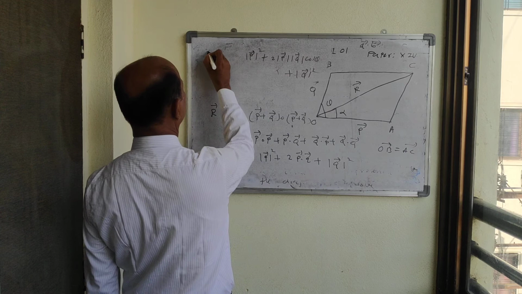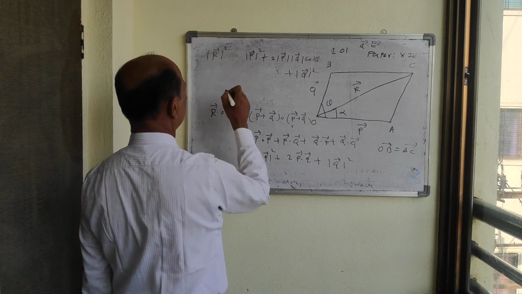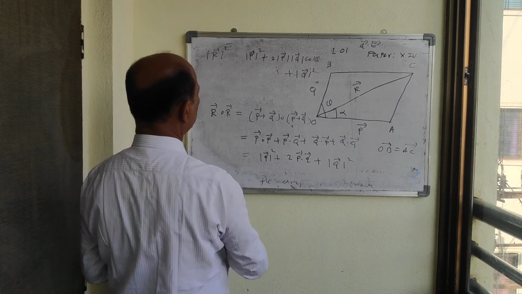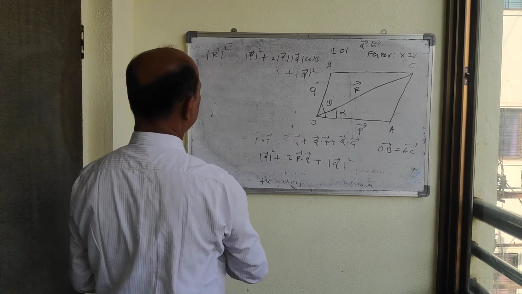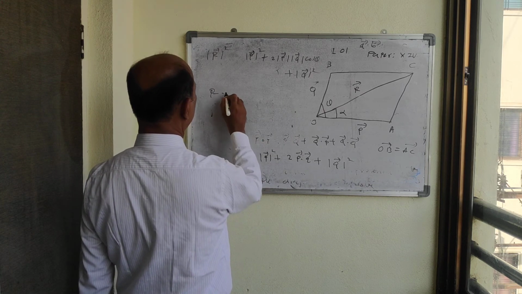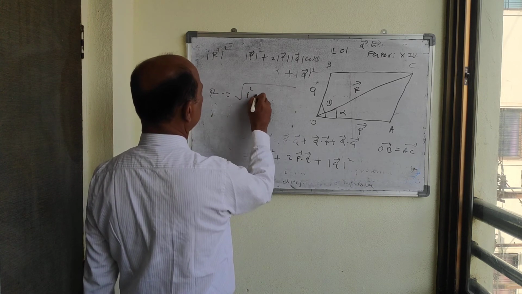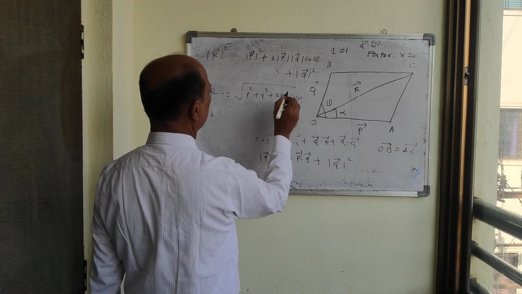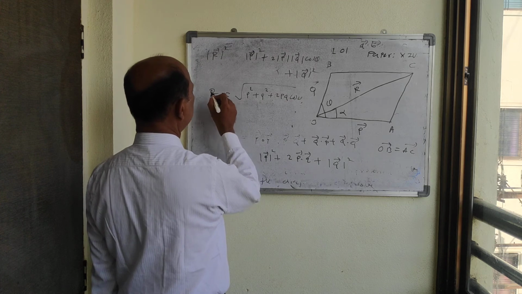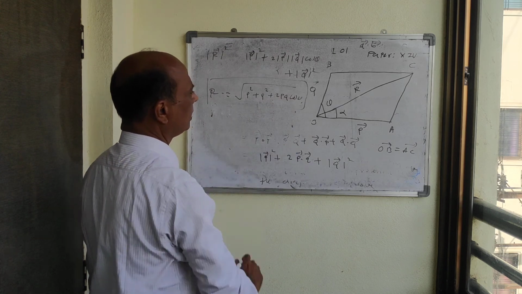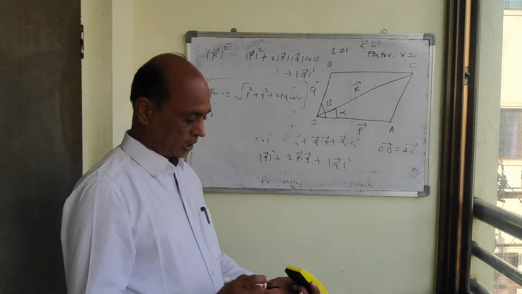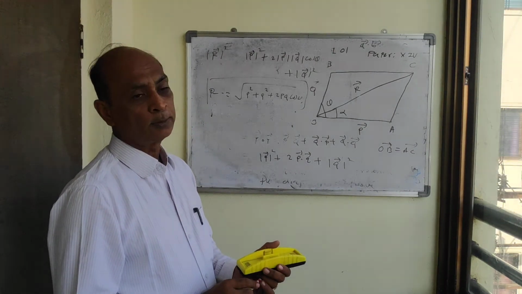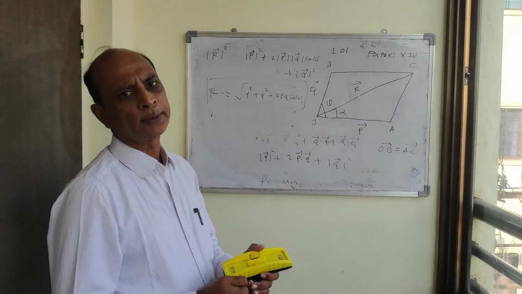The left side is mod R bar whole square. After simplification we can write R is equal to the square root of P square plus Q square plus 2PQ cos theta. This is the magnitude of the resultant of these two forces acting at a point.